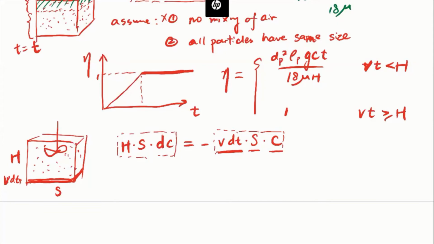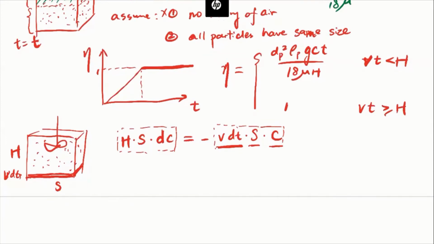With this equation, we can again cancel a few terms. S gets canceled, and then we have dC/dt equal to minus V divided by H multiplied by C, because dt got moved to the left-hand side.